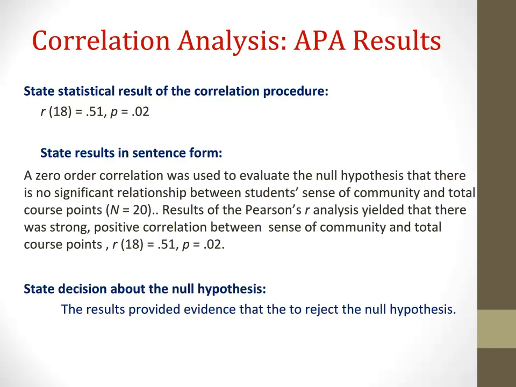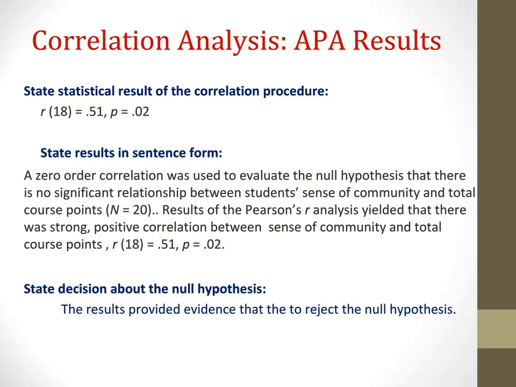And how do we come to that interpretation? Well, first of all, we're going to look at our p-value. Our p-value is less than 0.05, and since it's less than 0.05, we can say that our results are statistically significant. We can then interpret the R. Now, there's no negative sign in front of the R. There's a positive sign, so that tells us that the relationship between variables is positive.